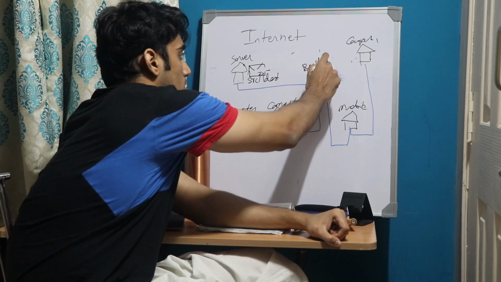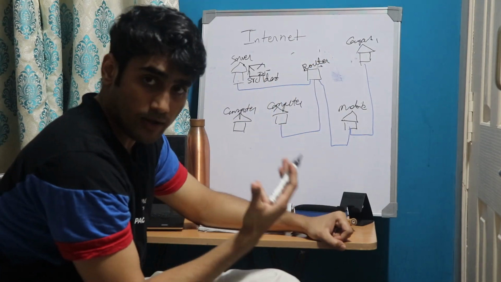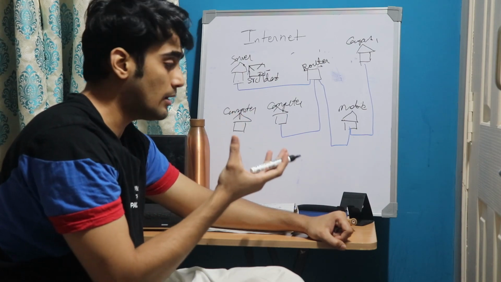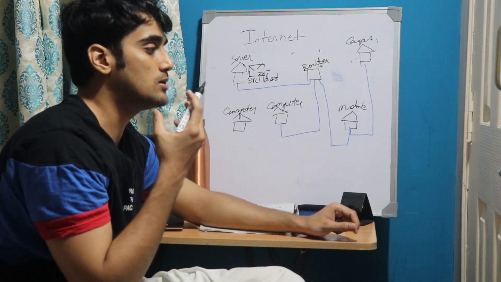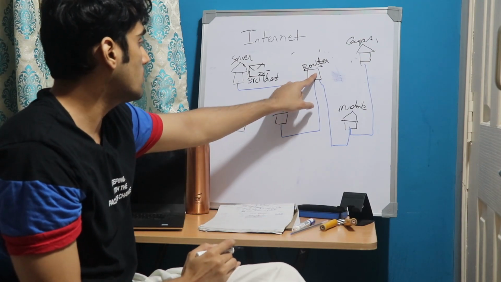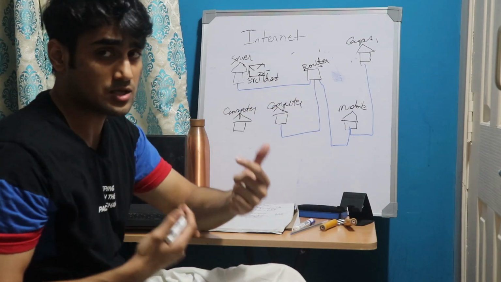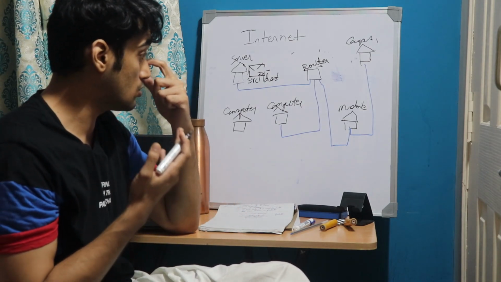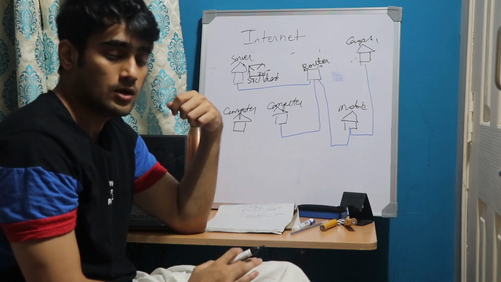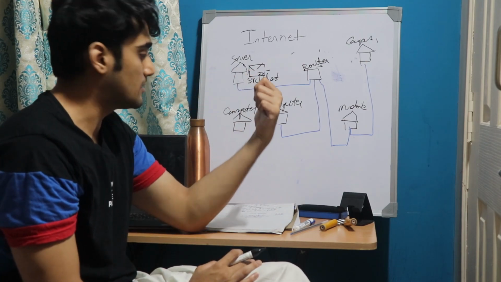Routers are very helpful and are responsible for routing data packets to the desired destination. When the router receives this packet, it will check the destination and know which route to send this packet to, and it will send that packet to the correct path.